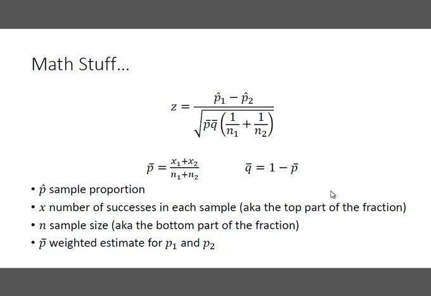And then last but not least, p with a bar over it, we refer to that as p-bar, is the weighted estimate for our population or claim percentages. So the way that this works mathematically is you're going to start with getting the weighted estimate first, and then you get the weighted opposite, which again, we've talked about this before with percentages, p's and q's, p being the percentage, q being the opposite to add up to 100.